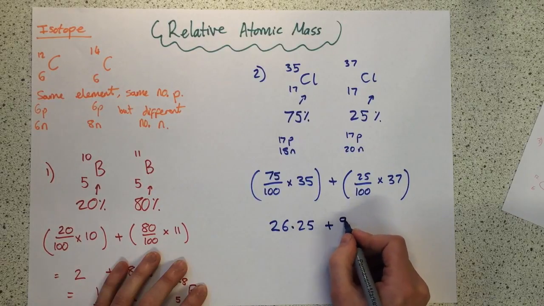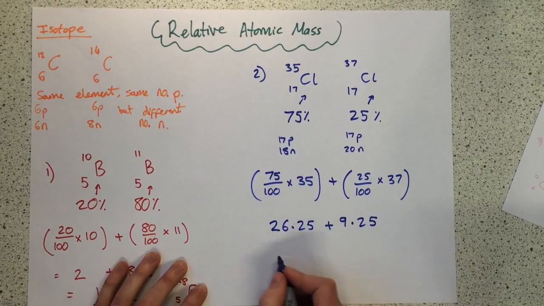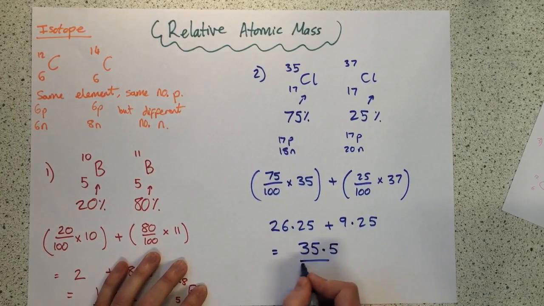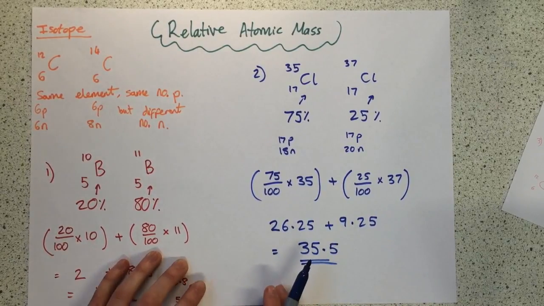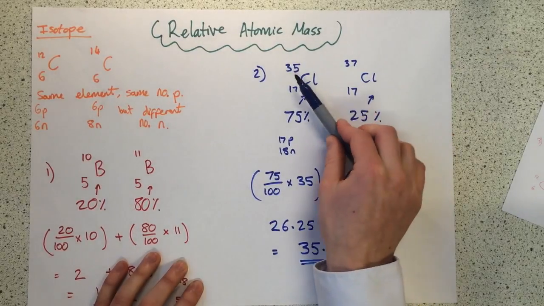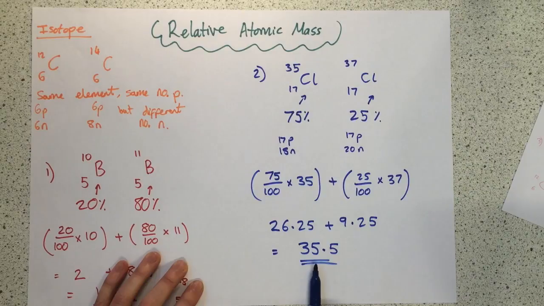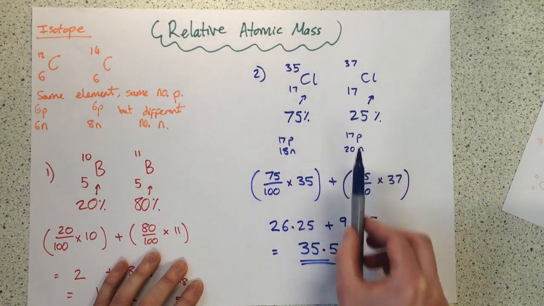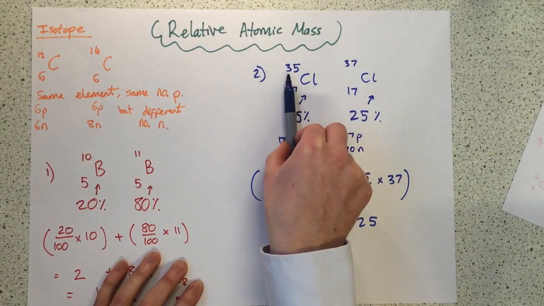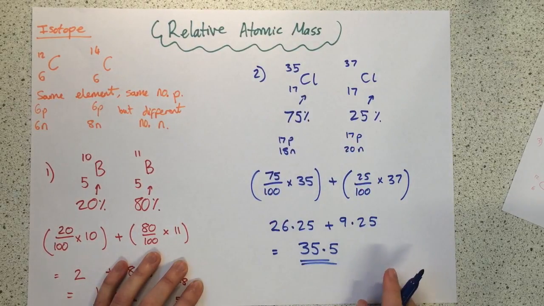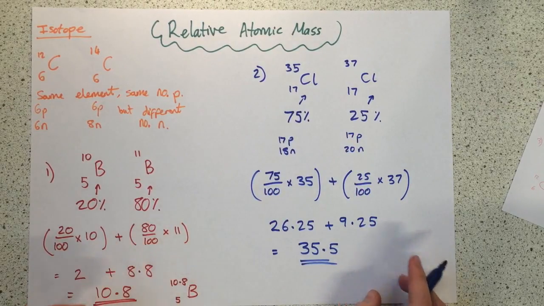Add 9.25. Together that makes 35.5. Let's think, does this make sense? Well, if some chlorine's 35 mass number and some chlorine's 37, the average is going to be between it. Correct. It's closer to the 35 because you've got more 35. So this is your correct answer. And that's how you work out relative atomic mass.